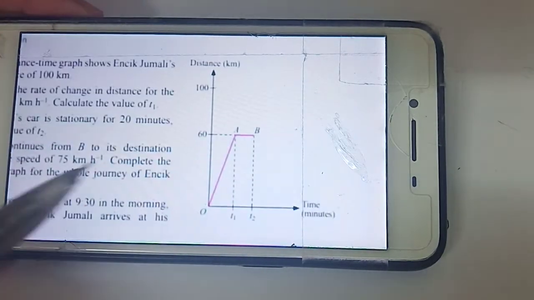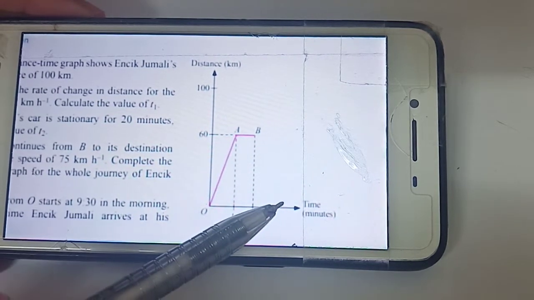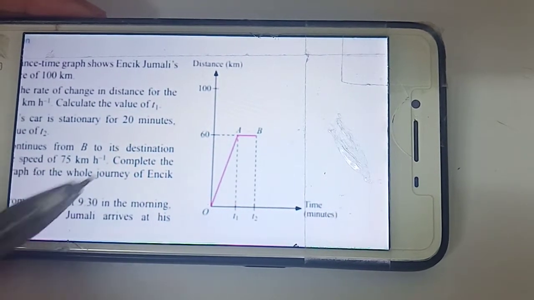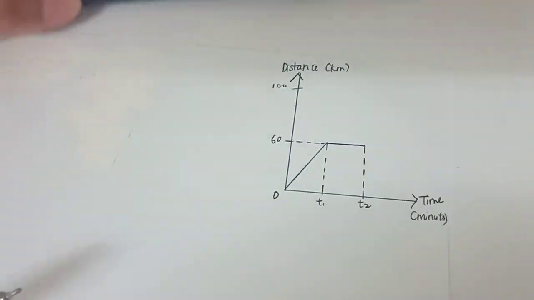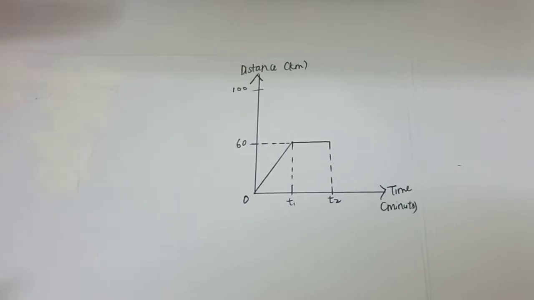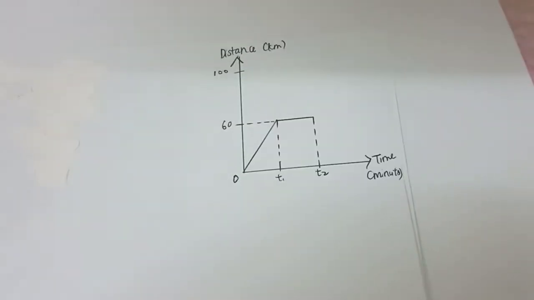So if Encik Jumali begins his journey at 9:30, what time does he arrive? We need to find all the answers to this question. So here is a drawn version of the graph. Let's have a look.